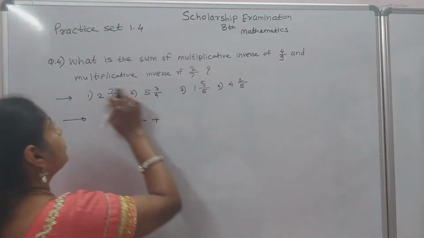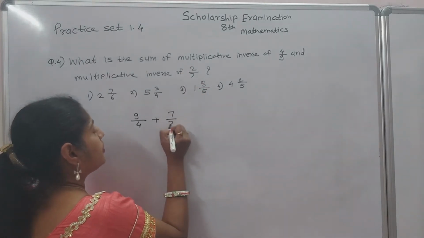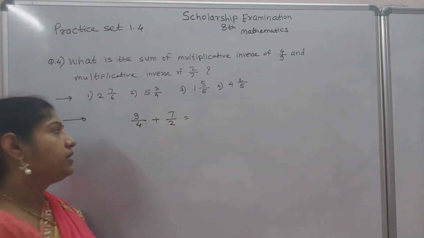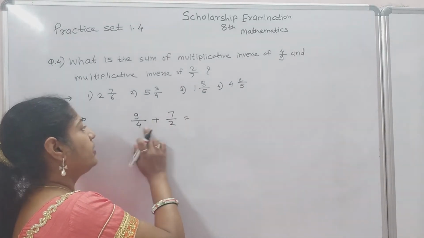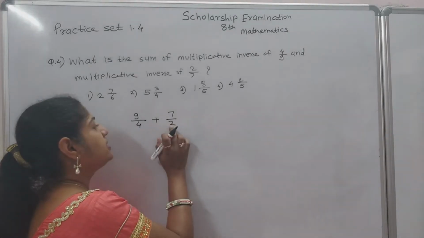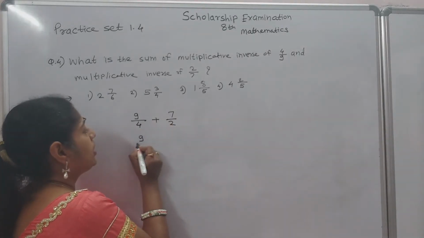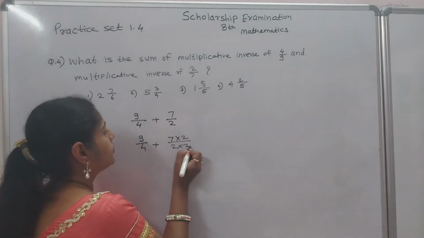This is added to the multiplicative inverse of 2 upon 7, that is 7 upon 2. These two numbers may be added. The denominators are not equal. To equalize the denominators, make this denominator 4.